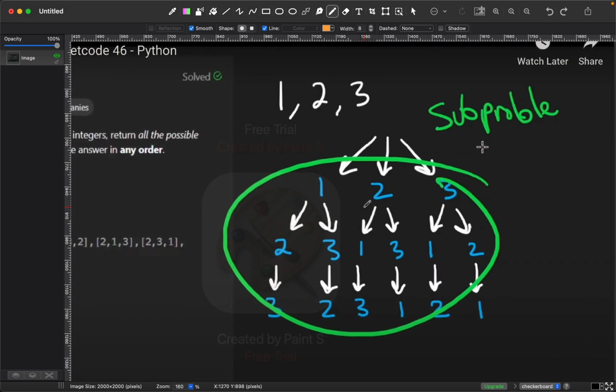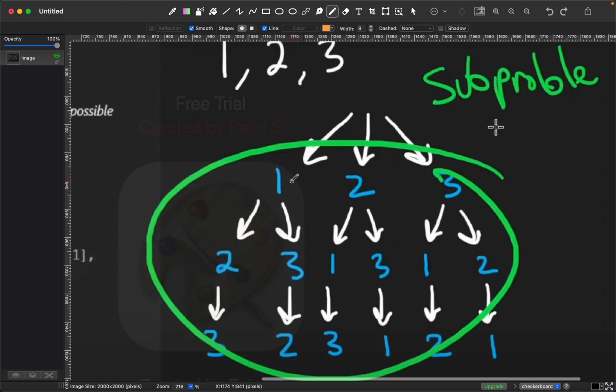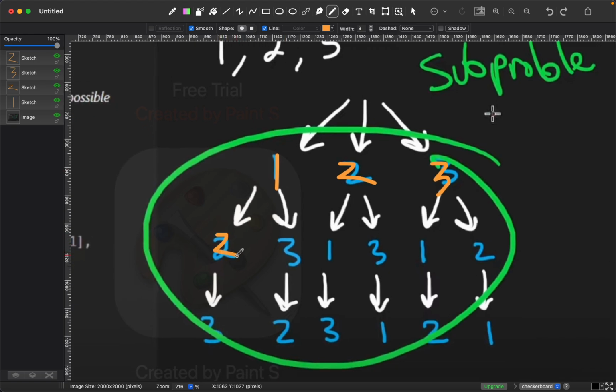So this is another way to actually look at things. First up is that you just list down all the numbers: 1, 2, 3. With every single combination of 1, what you can do is have a 2 and a 3.